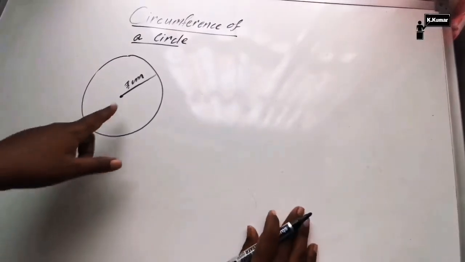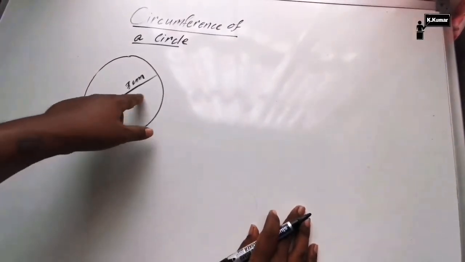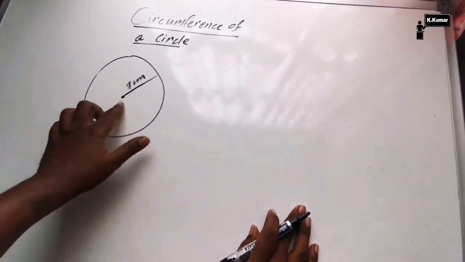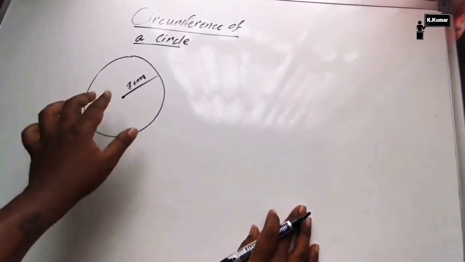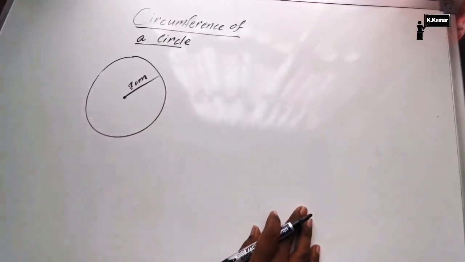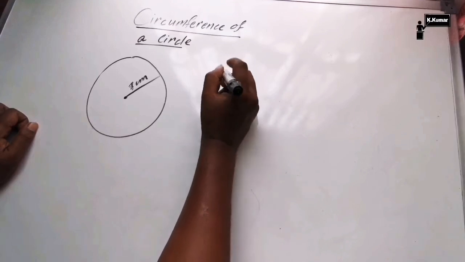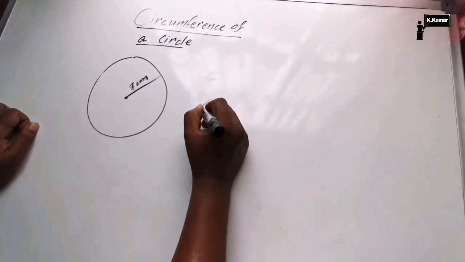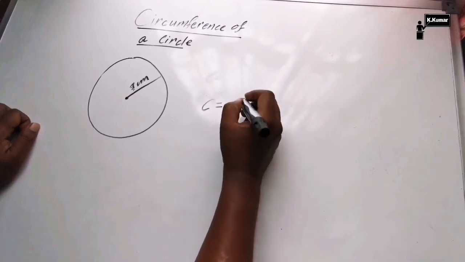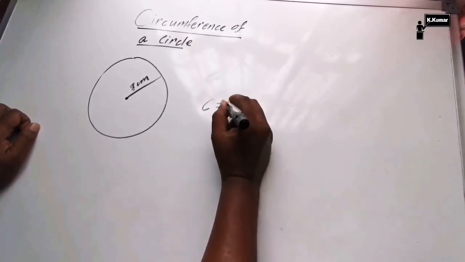So here you have a circle, and they give you a length there which is 7 cm. Remember I said that the radius is from the center to any point on the circumference. So in this question, they gave you the radius. So the formula we have to use in this case is C equals 2 pi r.